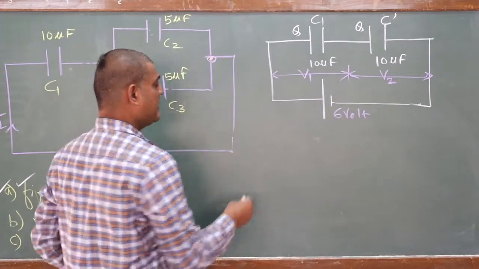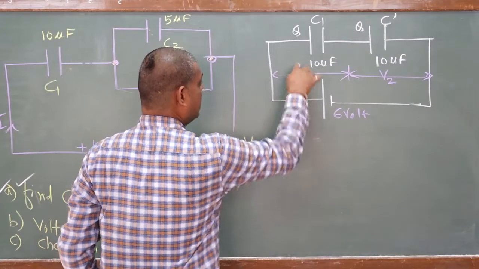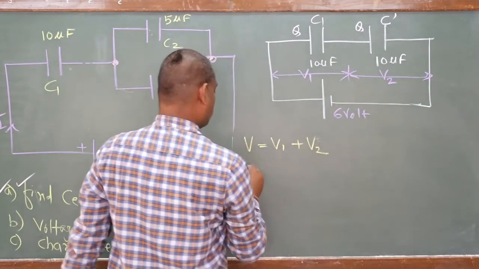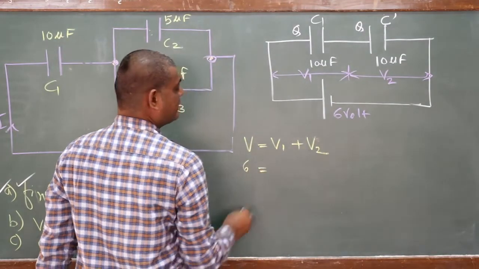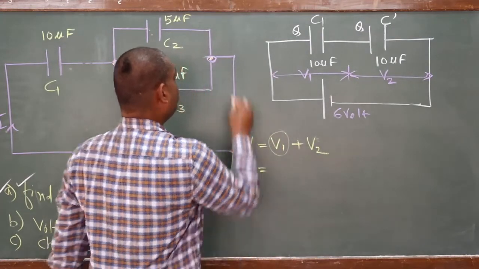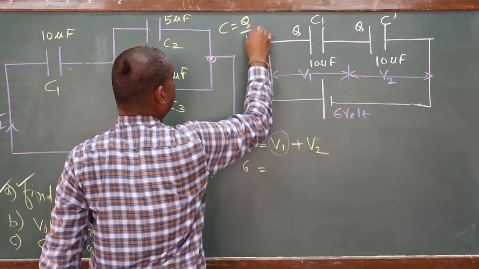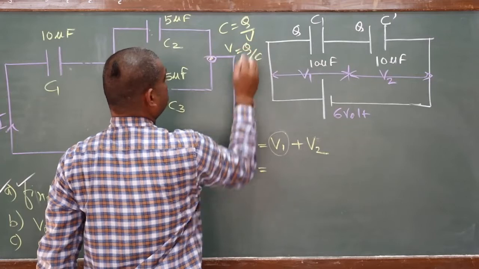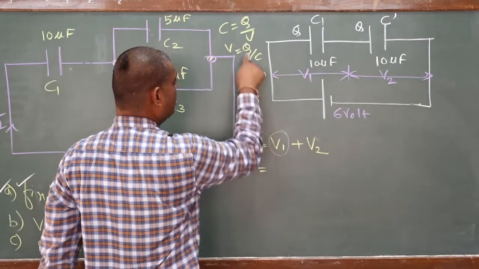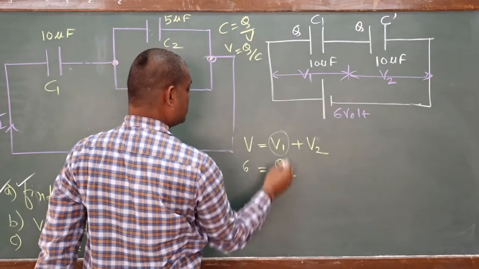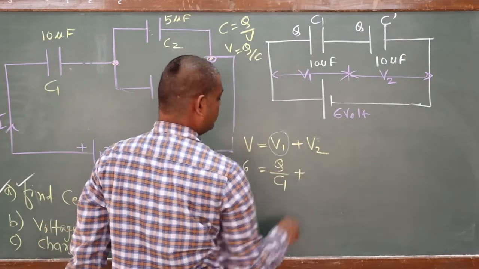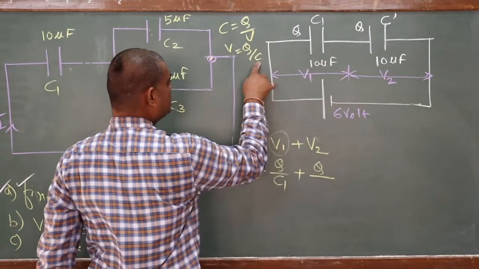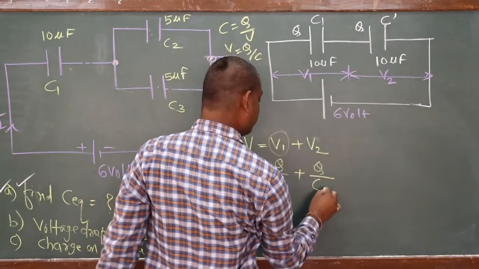So finally what can we write over here? V equals V1 plus V2, so V equals 6 volt. We don't know the value of V1, but C equals Q by V, so V equals Q by C. Here V1 equals Q divided by C1. For V2 again we write Q by C dash.